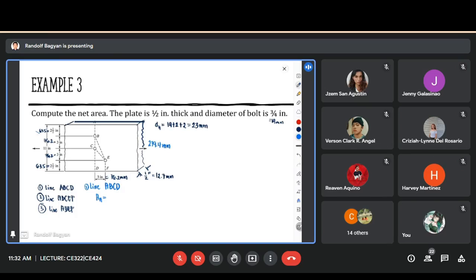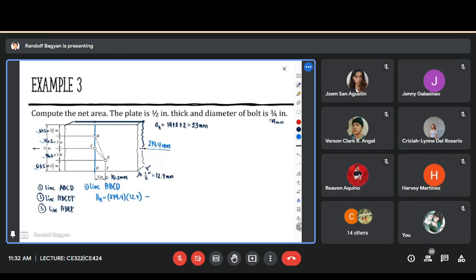So, kung pagka-add nyo itong apat na ito dapat equivalent to 279.4 mm. Okay, so line ABCD. So, diretso lang. Minus dalawang butas. So, gross area natin, that is equal to 279.4 multiplied by the thickness, 12.7.